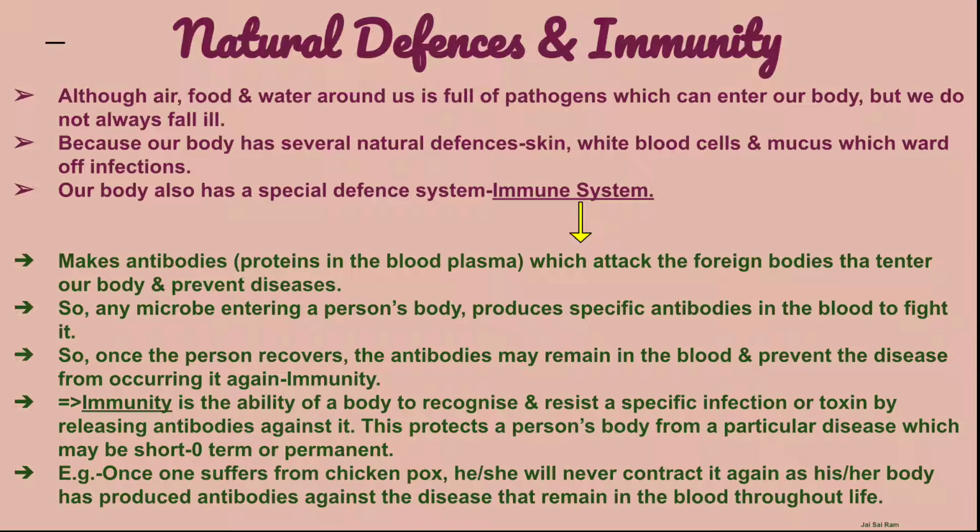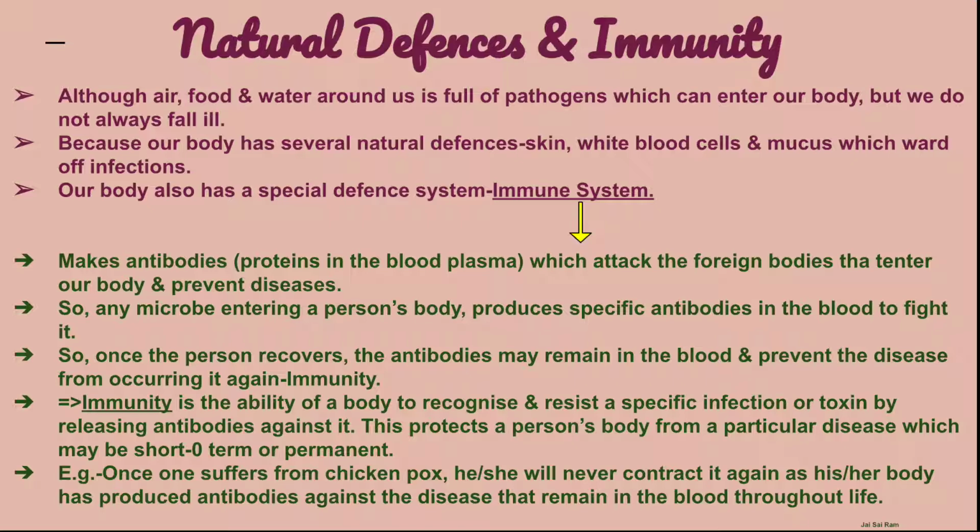When we studied the last chapter, I told you that antibodies are proteins in the blood plasma. When we studied the circulatory system, antibodies and antigens were there in the blood grouping system. These antibodies are proteins present in the plasma, which attack the foreign bodies that enter our body and prevent diseases.